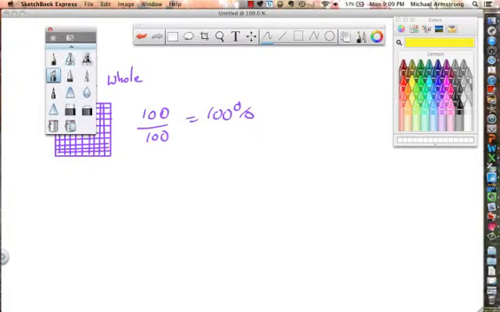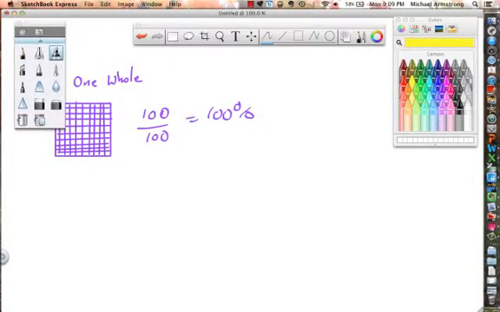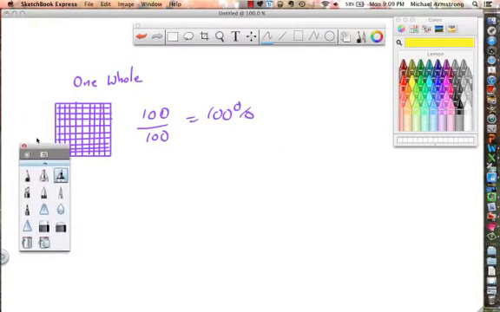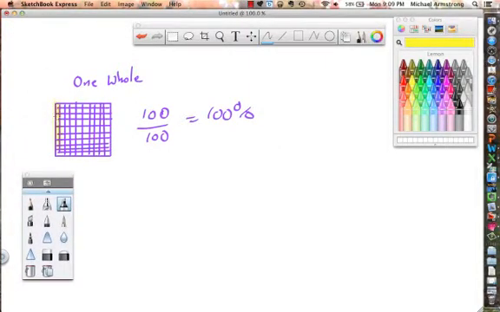Now, if we were to shade in using a tool, I don't know which tool to use. Let's try this one and see what happens. We shade in all of these. I'll try not to pick it up so that I can erase. Then we go back to our toolbar.